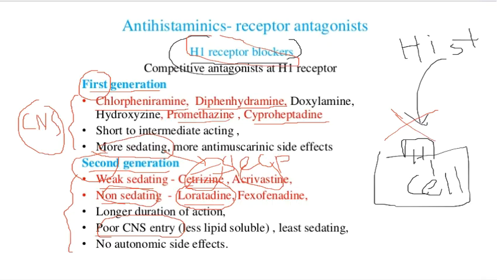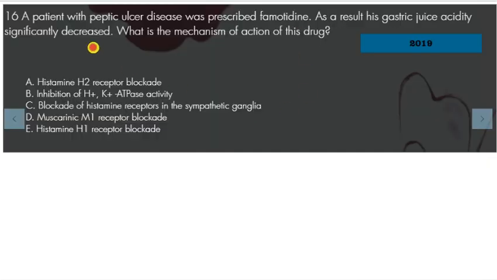So we are moving to the next question. This question was asked in 2019. A patient with peptic ulcer disease, we already said that peptic ulcer is a wound, a sore which fails to heal, and the doctor prescribed the drug famotidine.